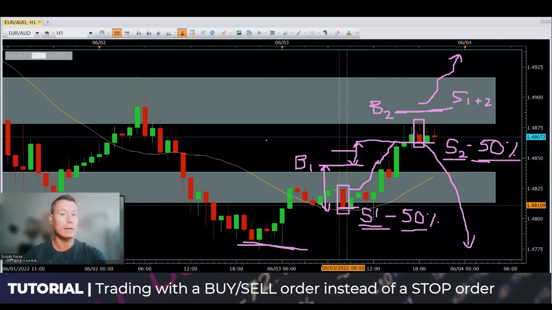Okay, so firstly, you need to be careful of your equity and your margin, yeah, because this will obviously take up some of your margin. Okay, and secondly, you need to be careful of commissions because you're entering 2 sell orders and potentially 2 buy orders, and there will be commission on all of those. So you must be aware of that as well, guys.